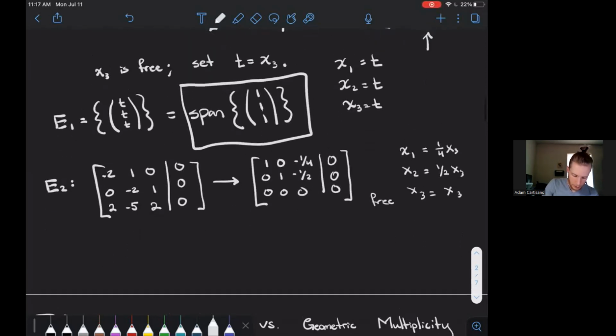So E2, well, before I do that, let's do our parameter.